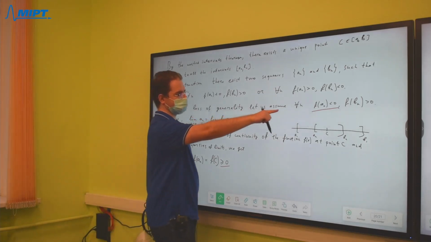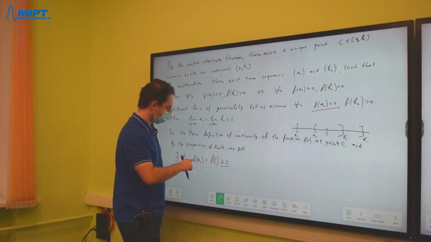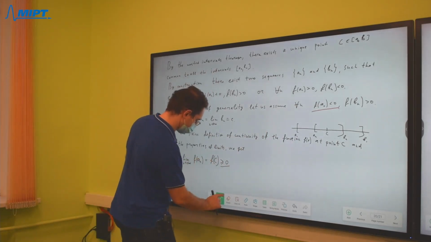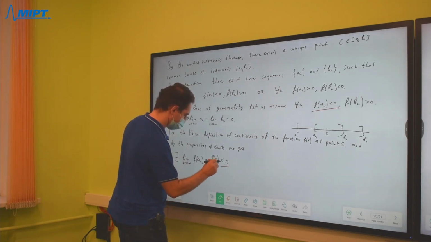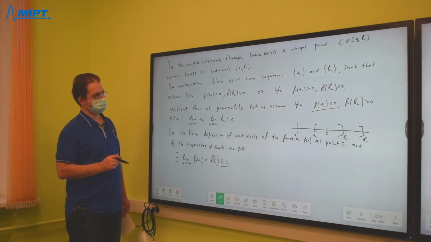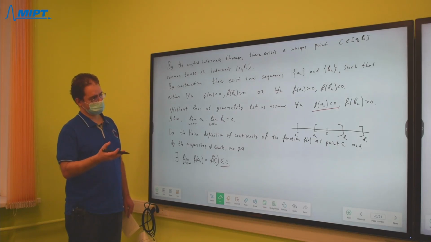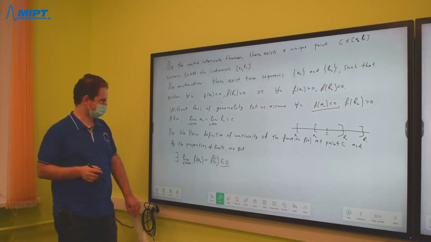Since those values are all negative, the limit of a sequence that only attains negative values should be negative or possibly 0.